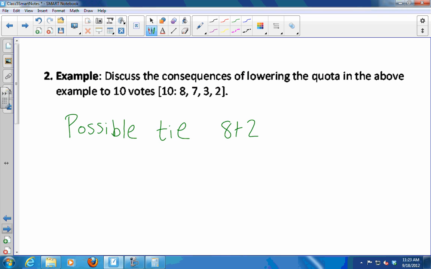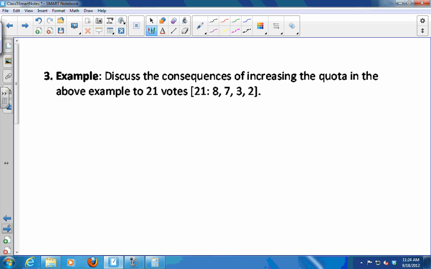8 and 2 versus 7 and 3. This is not a good situation for decision making, right? So we would call this gridlock. Can't ever get the decision made. Now, what if I made the quota 21 votes?